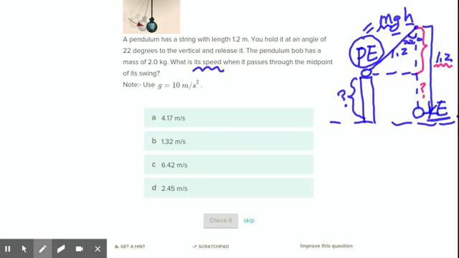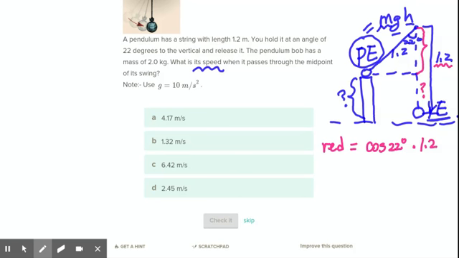How do we find the little red side? The little red side is cosine 22 degrees times 1.2. All right? Because the red side is the adjacent, so we use cosine.